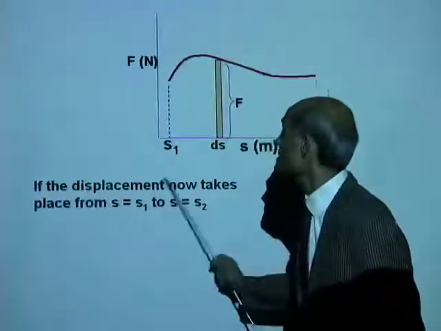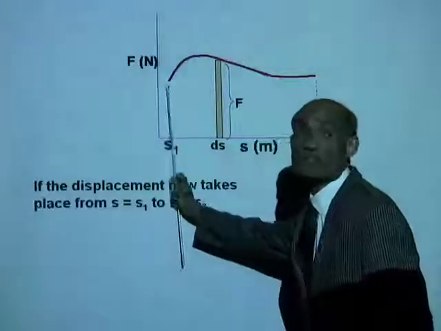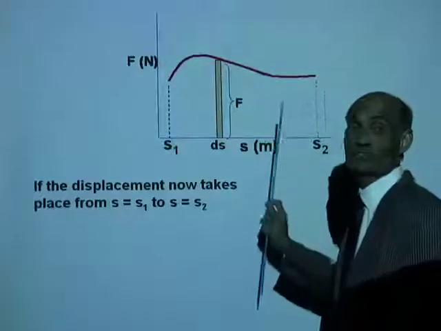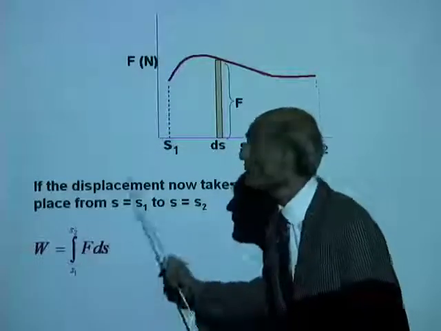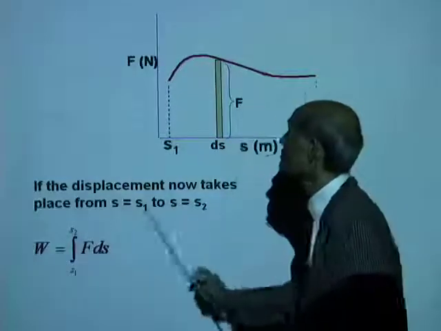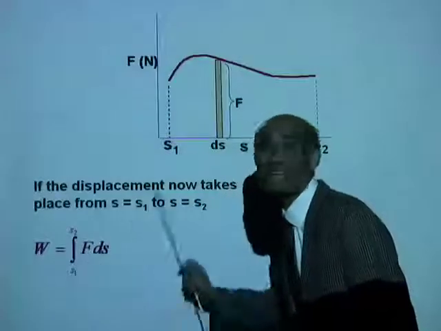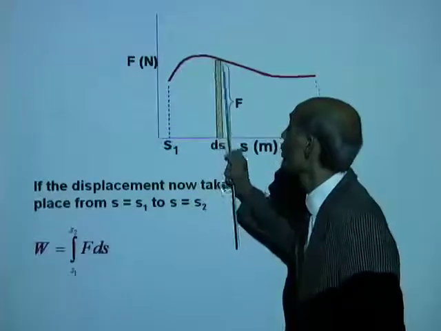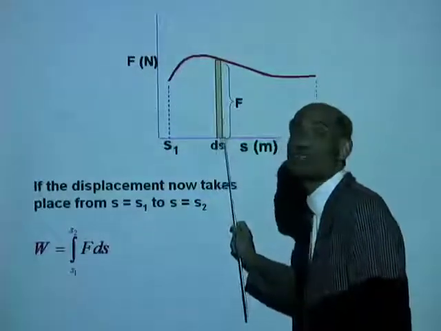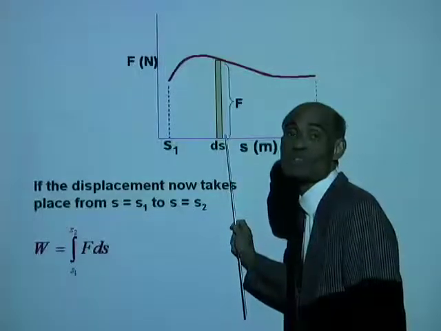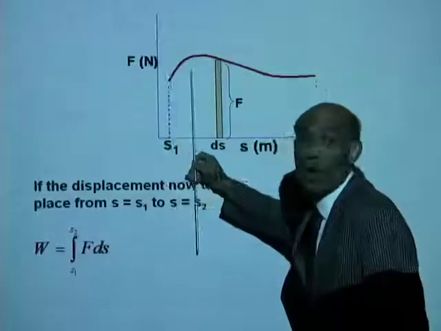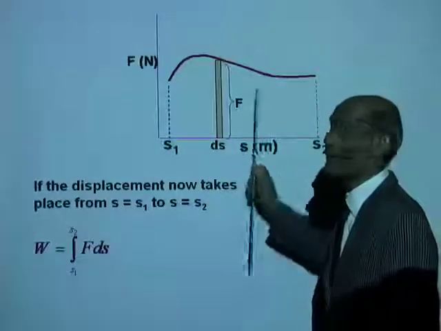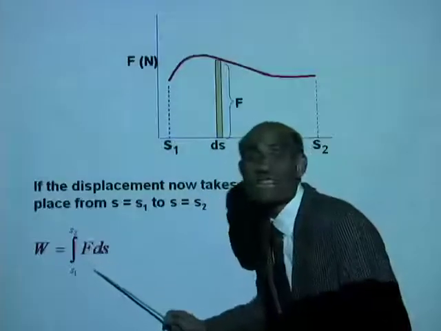If the displacement now takes place from S1 to S2, then I can write W equal to the integral from S1 to S2 of F dS. F dS is the small work done in that very small interval of displacement. Integral simply means add up all such work done. Add up all such dWs.